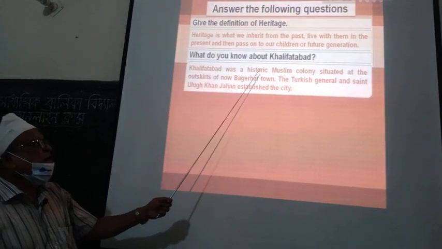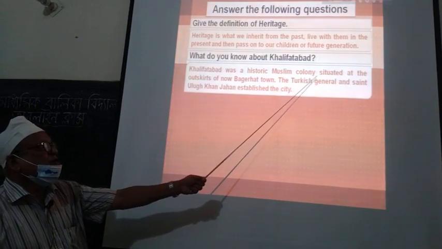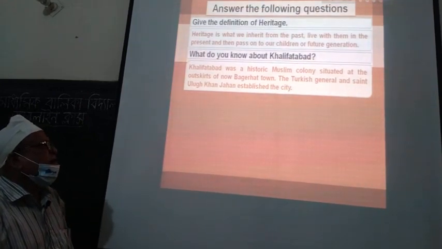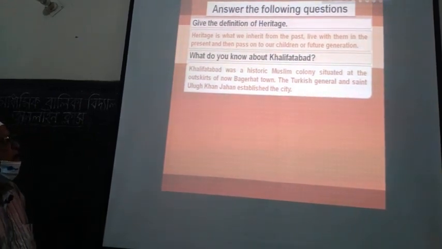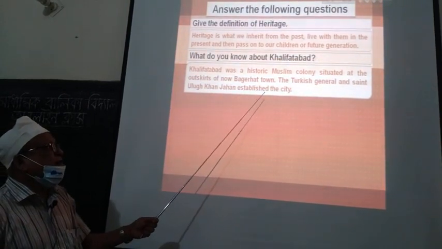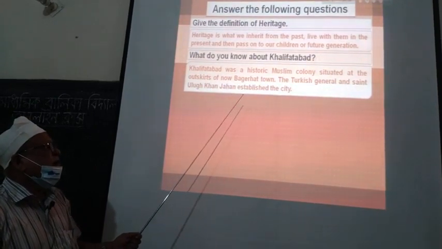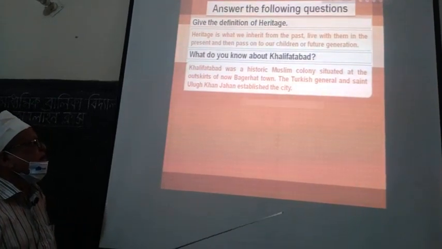Khalifatabad was a historical Muslim colony situated at the outskirts of now Bagherhat town. The Turkish general and saint Ullah Khan Jahan established the city.